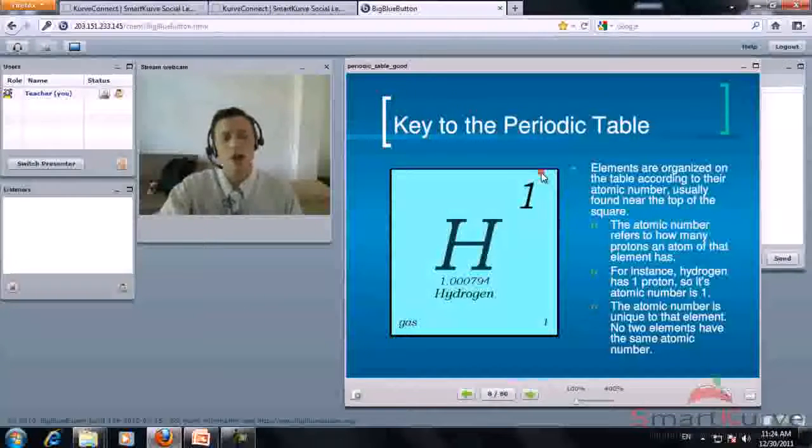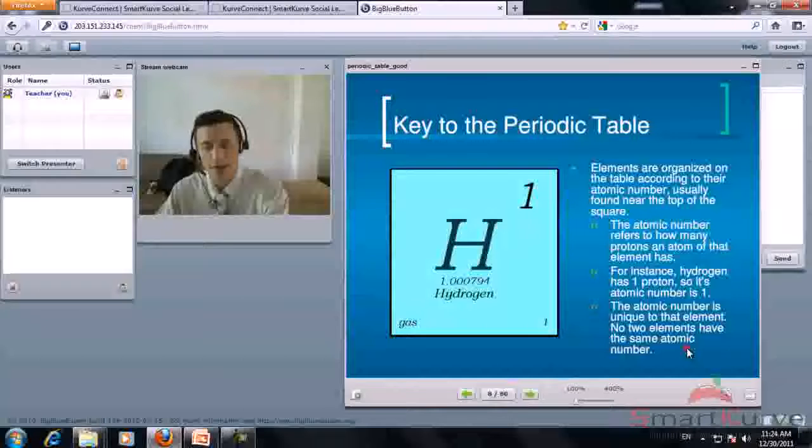There's nothing in that square that tells us how many neutrons, because that can actually change from element to element. For example, hydrogen will always have one proton, but it might have one neutron. It might have 0 neutrons. And we're actually going to talk a little bit more about this later. So we'll come back to that.